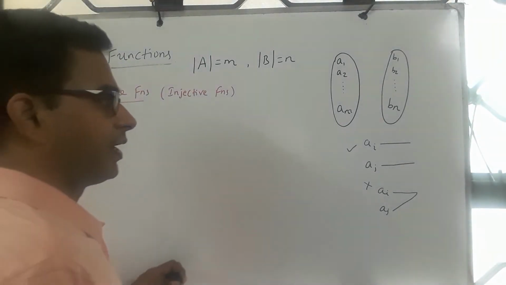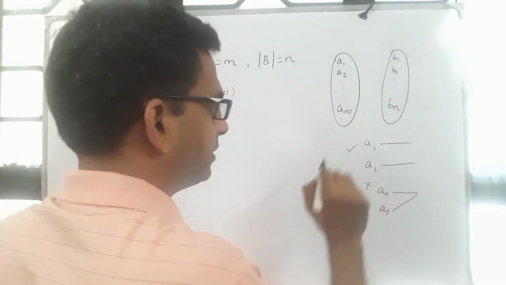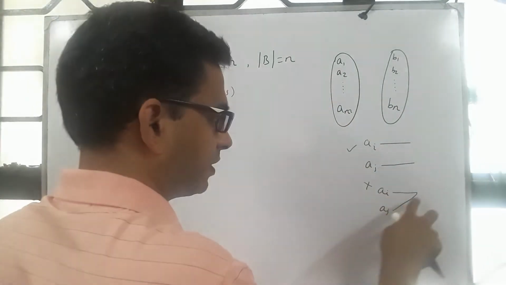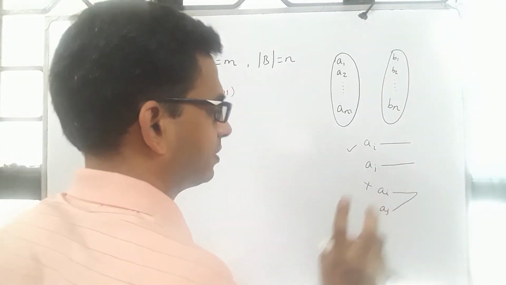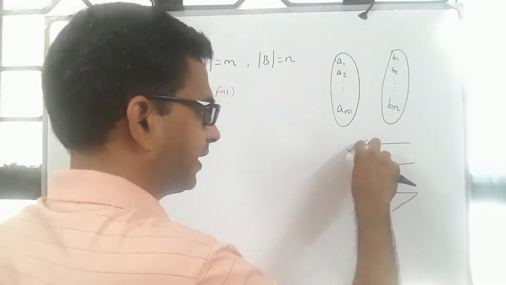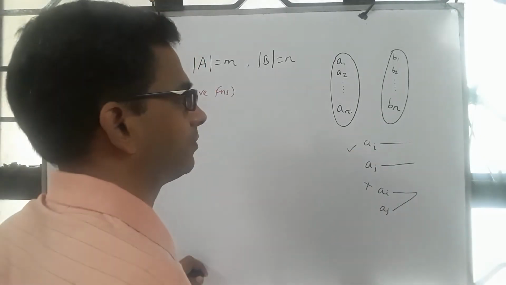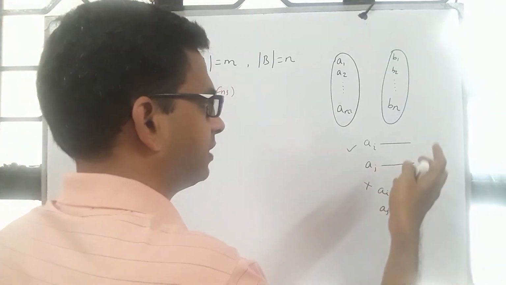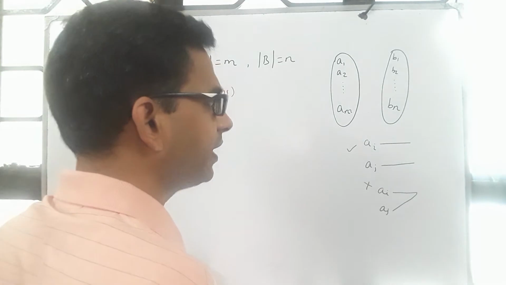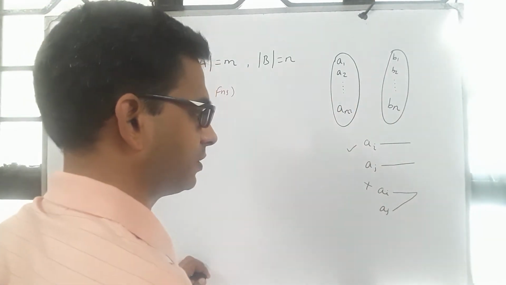Okay, and it is a function, so each element here should have an image, and no two elements mapping to same image is not allowed. And which means if you pick two different elements, their images are also different. And it is just a function, so there may be an element in the codomain for which you may not find a pre-image, so that's acceptable.